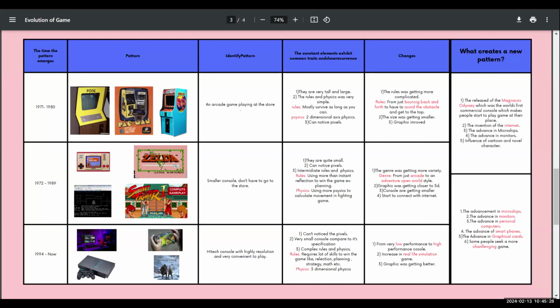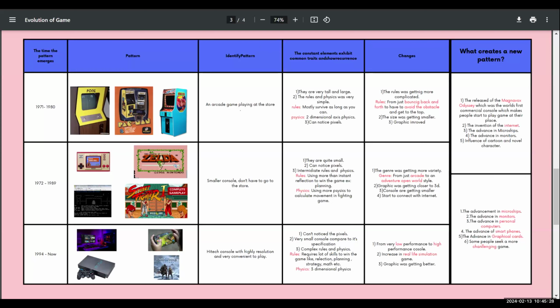From the arcade game playing at the store to a smaller console, the reason is the release of the Magnavox Odyssey, which was the world's first commercial console. It makes people start playing games at their place. You can imagine it's like the PlayStation. It connects the CPU with your screen. The second one is the invasion of the internet.